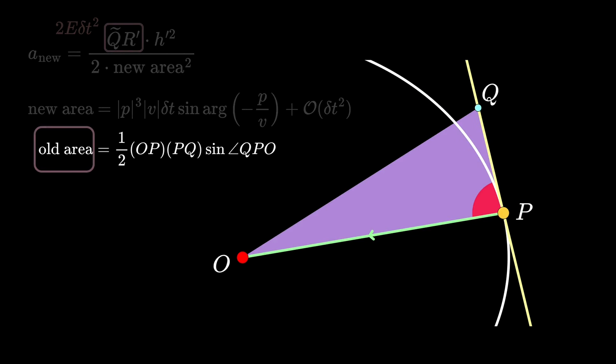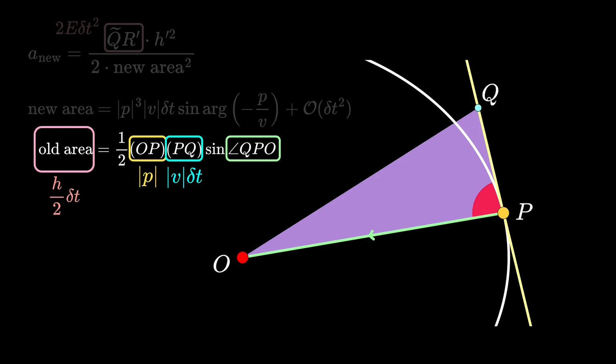The old area was half angular momentum times delta t. The length OP is mod P, the length PQ is mod V delta t, and the angle can also be computed in a pretty similar way as before.